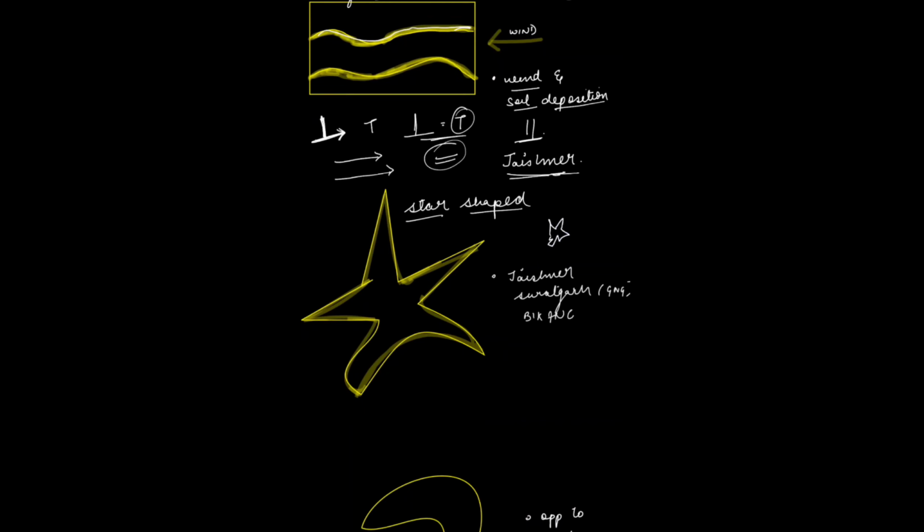It is not a proper star but kind of star. So these are found majorly in Jaisalmer, Suratgarh and Bikaner. A question arises from here: in Suratgarh which type of sand dune is found? So we may remember star equals Suratgarh, SS.